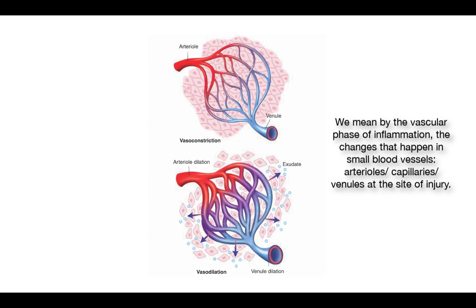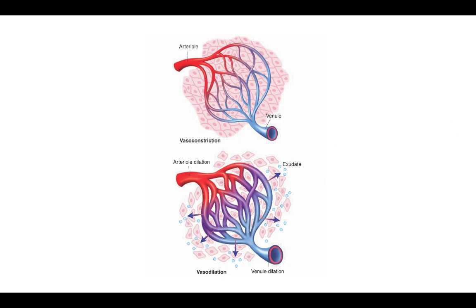The beginning is momentary vasoconstriction, but that is followed rapidly by vasodilation. Vasoconstriction means contraction, or constriction of blood vessels, in other words, narrowing of the lumen. Vasodilation means dilatation of blood vessels and an increase in diameter.